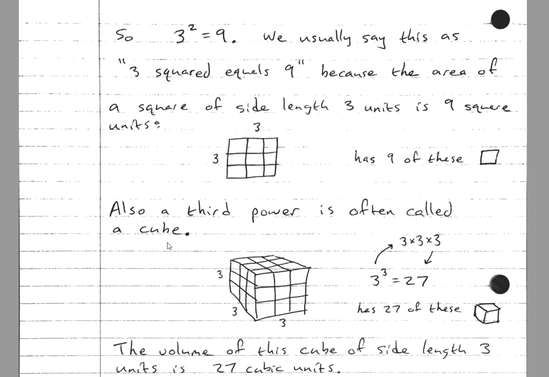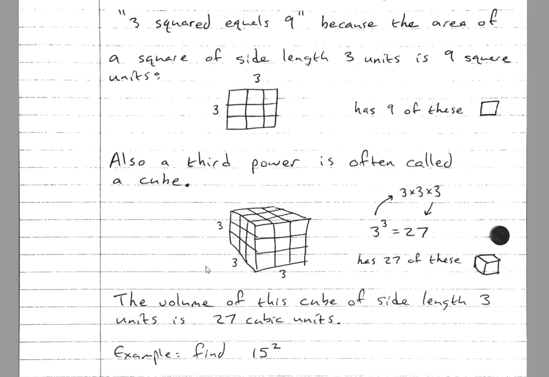A third power is often called a cube. So cubing, that's just a 3-dimensional version, since this was 2-dimensional. If you have a cube that's 3 feet by 3 feet by 3 feet, then its volume is 3 to the power of 3, 3 cubed, which is 27 cubic feet.